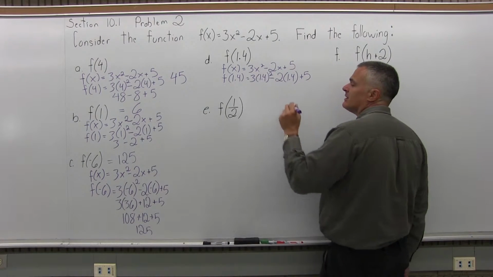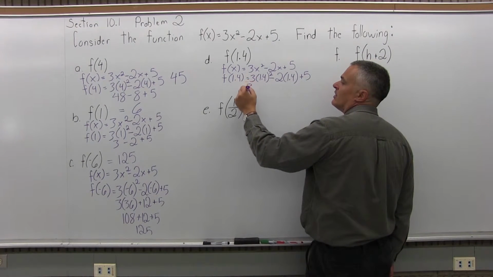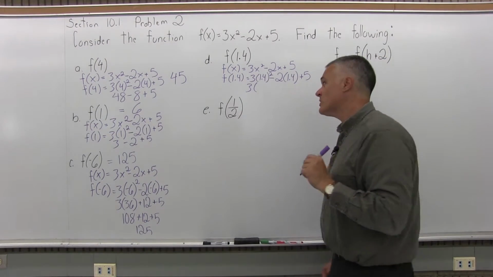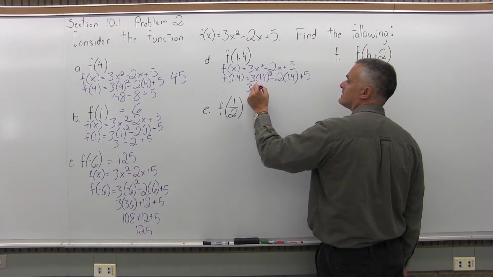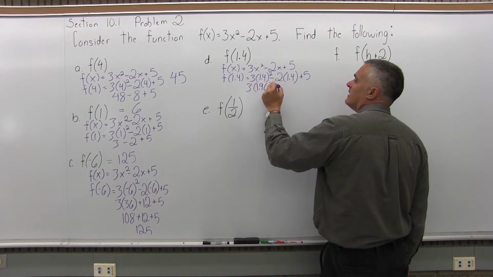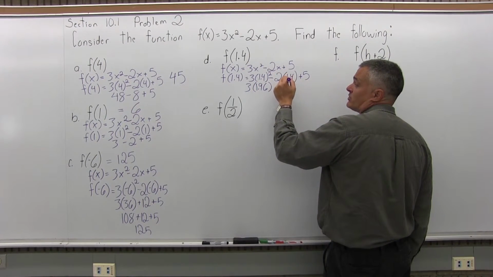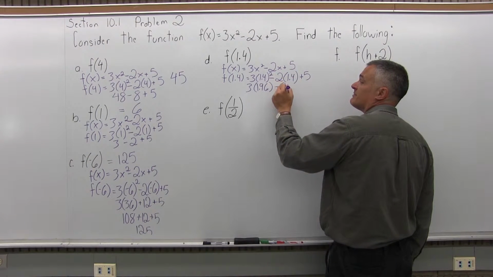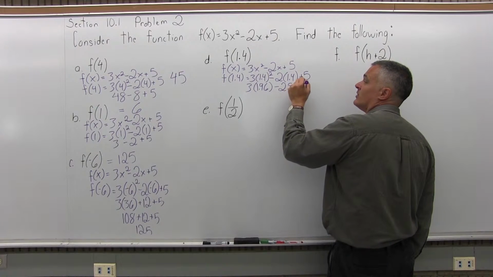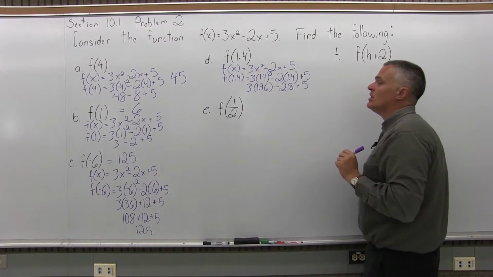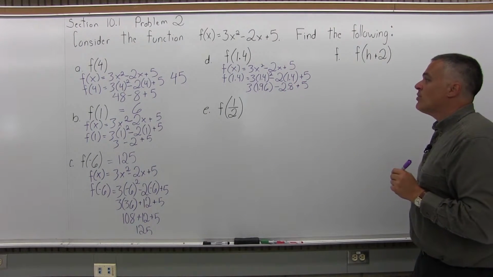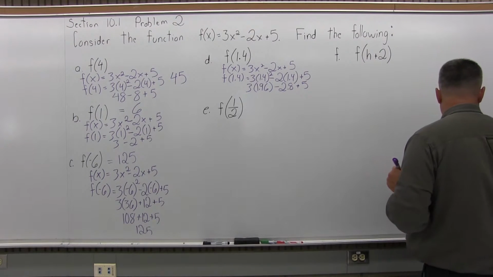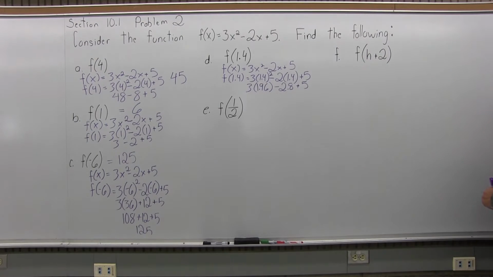So, again, let me take my time a little bit here. 3 times 1.4 squared is 1.4 times 1.4, which is 1.96. Then 2 times 1.4 is 2.8, but be careful for the signs. It's negative 2 times positive 1.4, so it's minus 2.8. Then you have plus 5 on the end. So 3 times 1.96 is 5.88, I think.